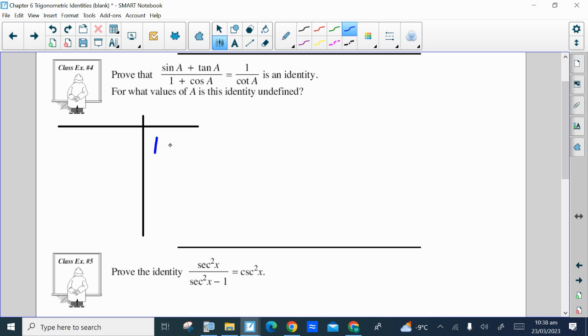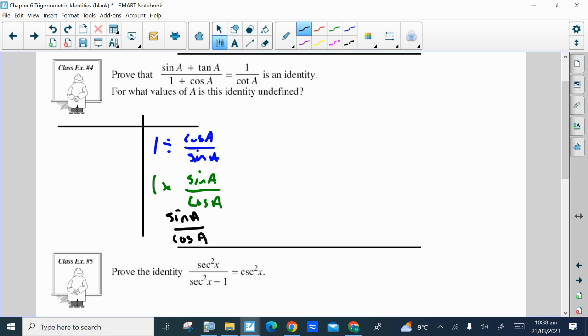The right side is 1 divided by cotan A. And cotan A is cos A over sine A. To divide by a fraction, you multiply by the reciprocal. So instead of dividing by cosine over sine, you're going to multiply by sine over cosine, which gives us sine over cosine.